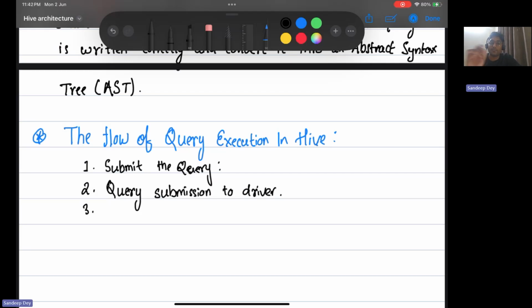How the driver works there. The steps in the driver: parsing, optimization, execution. Hope you remember. So next is parsing the query.